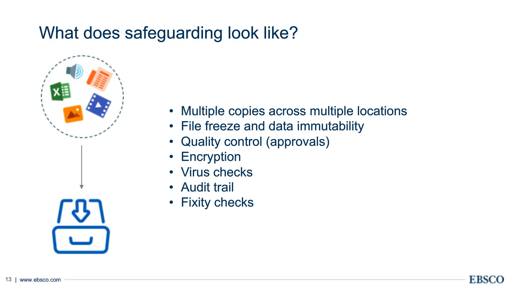We want to make sure that the quality of that data remains, that we're always going to check it. We're going to check it for viruses, we're going to check it for encryption, and we're going to make sure that there's an audit trail, but also be able to provide fixity checks, which means that if we detect a change in the file, something that is no longer exactly the same as it used to be, we are able to fix that data.